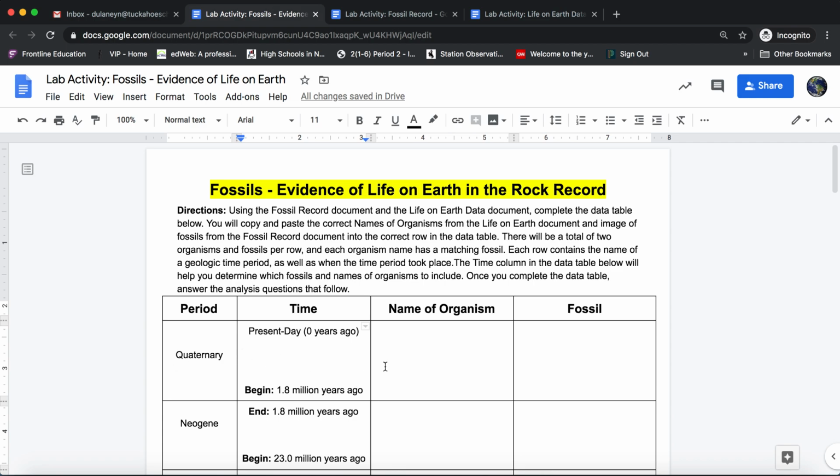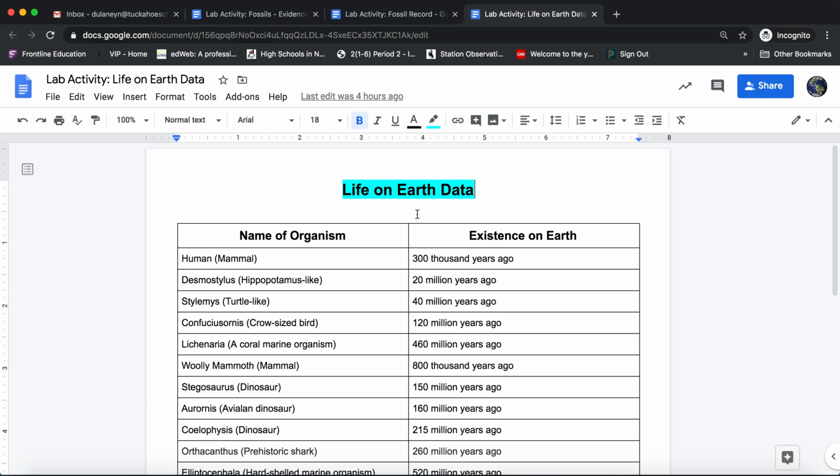Within this time period, we need to find 2 organisms and 2 fossils that belong to this specific time period. In order to do that, we need to focus again on the time constraints of this period. We're looking for organisms that lived anywhere between right now to 1.8 million years ago. So to start, I'm going to go to the Life on Earth data document.